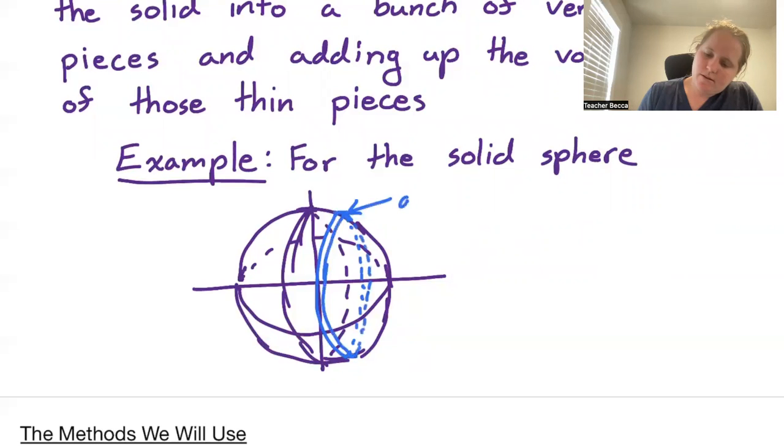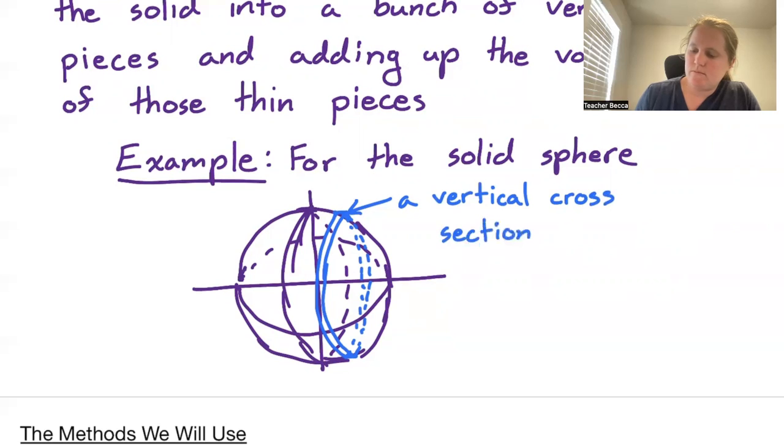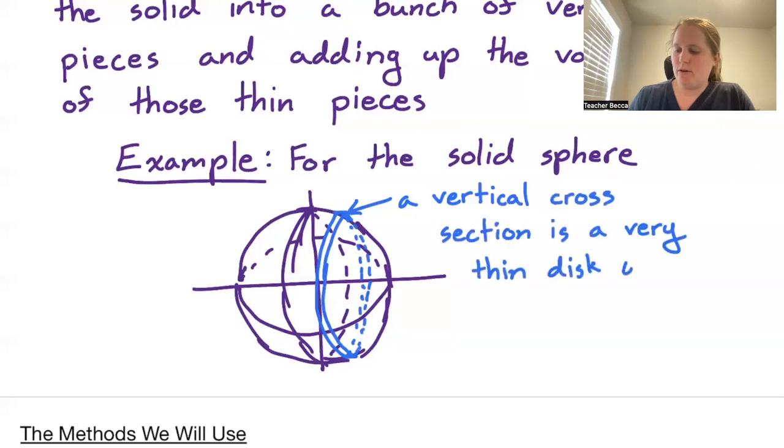So a vertical cross section is a very thin disc with volume sort of that change in x, delta x times pi times the radius squared, right?